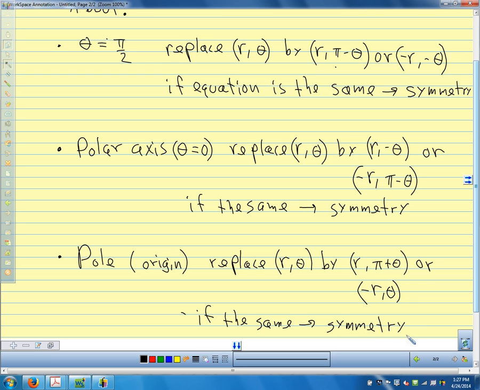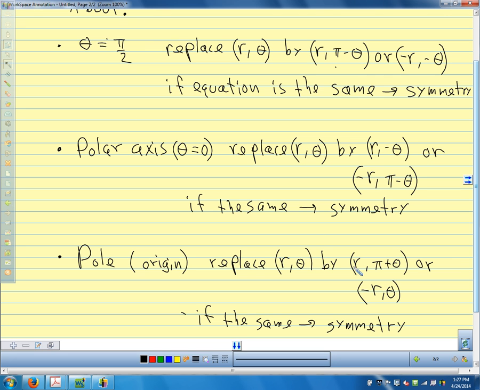So if the problem gives you a polar equation and says test for symmetry, or explain the symmetry of the graph of this equation, you're doing these tests. If they come out the same, then you say, for example, if you did this one and it came out the same after the substitution and simplify, the graph has symmetry about the pi over 2 axis, et cetera.